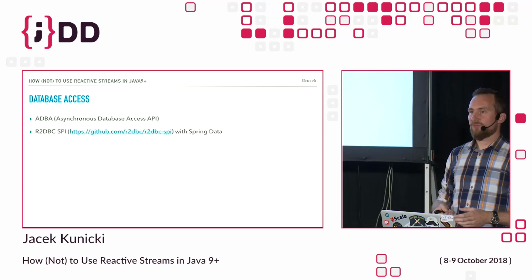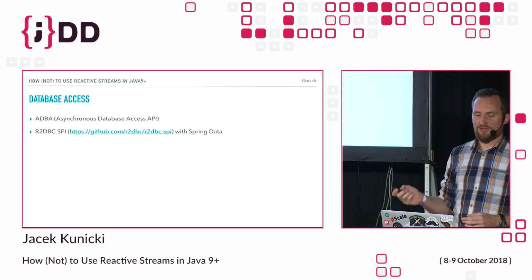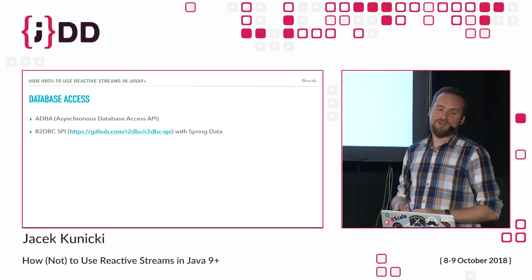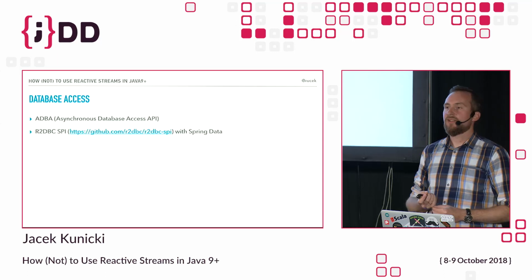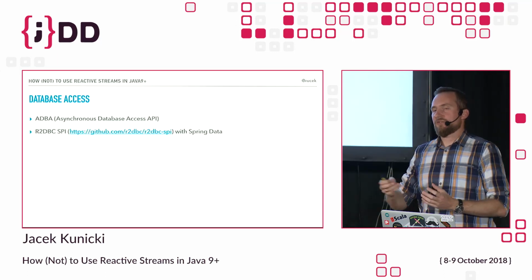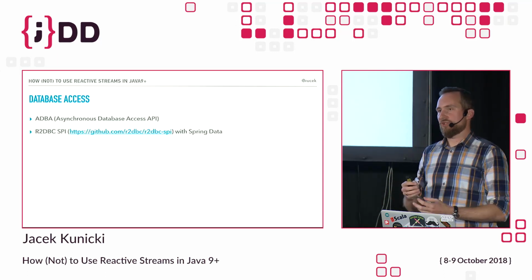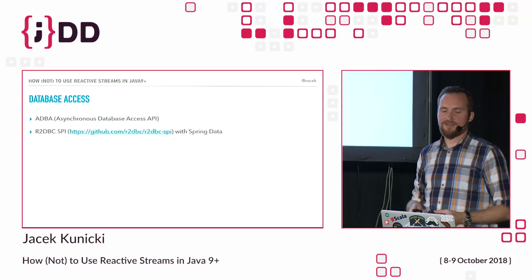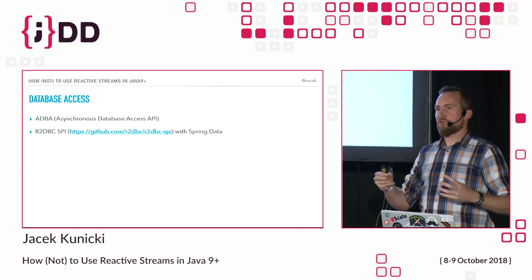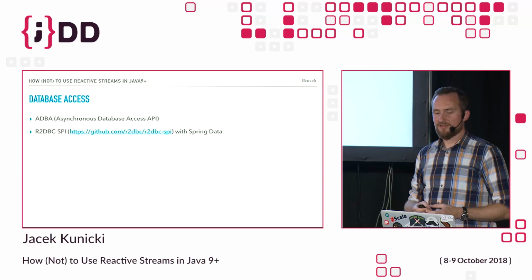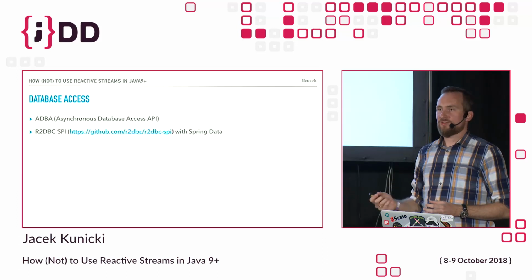There is another thing about which I actually learned half an hour before my talk, which is called R2DBC SPI. This is another approach to implement a fully reactive database access layer with an SPI, exposing all the reactive interfaces. And it actually connects with Spring Data.